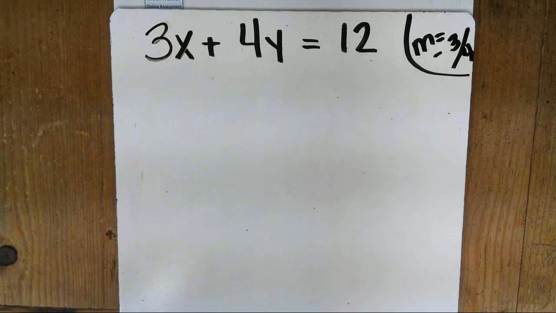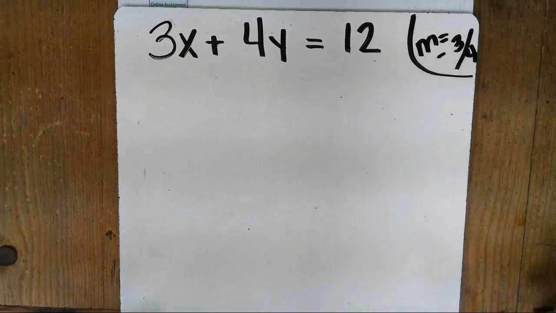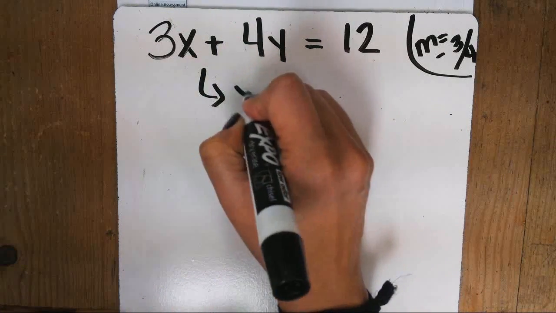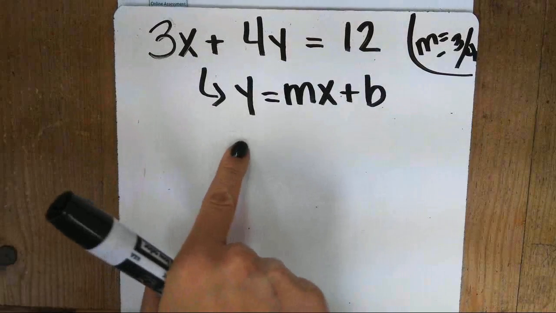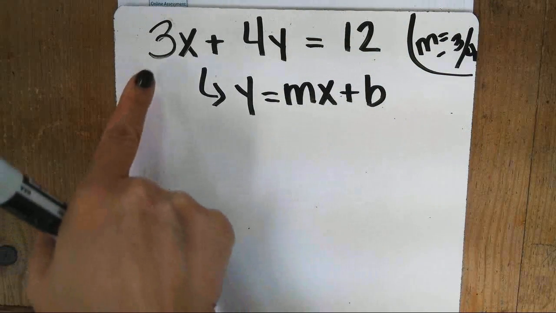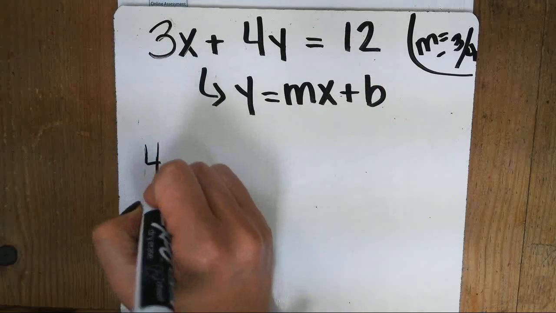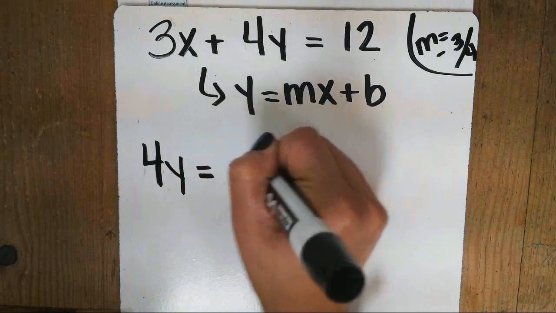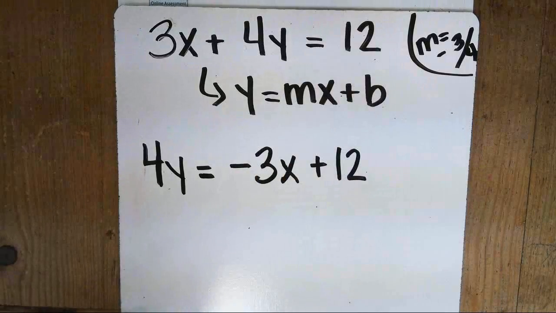So the other method I showed you is by rewriting it from standard form to slope-intercept form. Putting it in slope-intercept form means I want this to be written as y equals mx plus b. So I want my y completely by itself. I'm going to start by moving this 3x over to the other side. If I do that, that means I'm subtracting 3x from both sides. So I have negative 3x now plus 12.